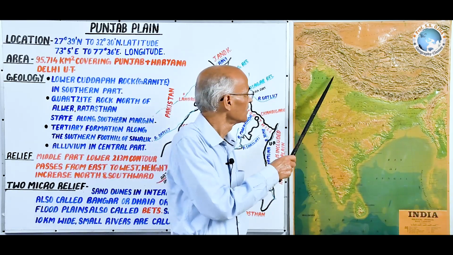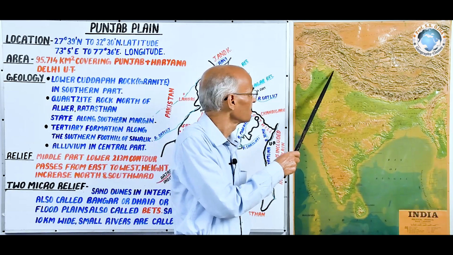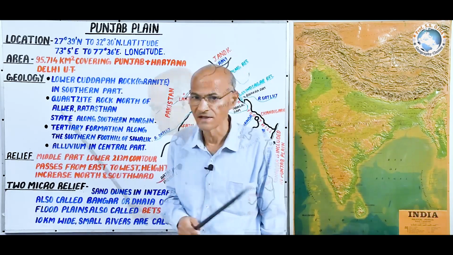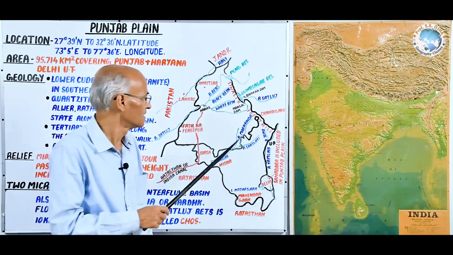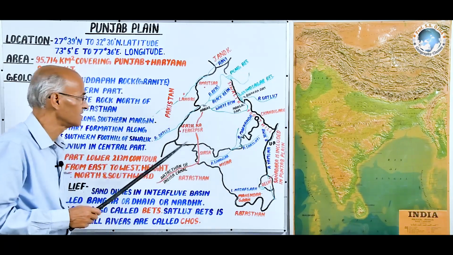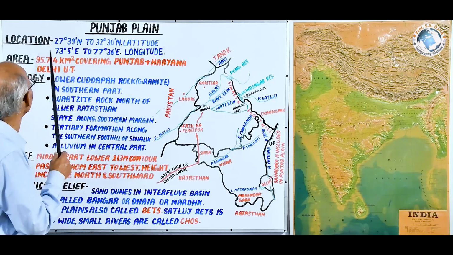Today we have to focus our attention on the Satluj plain or Punjab plain, the map of which is drawn here on the board, and first we will study its location.